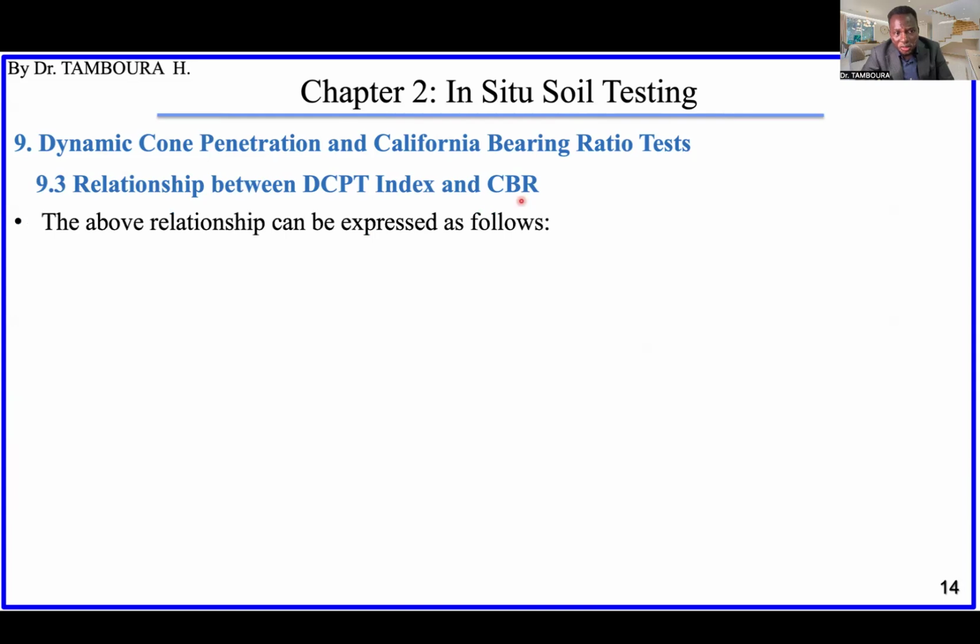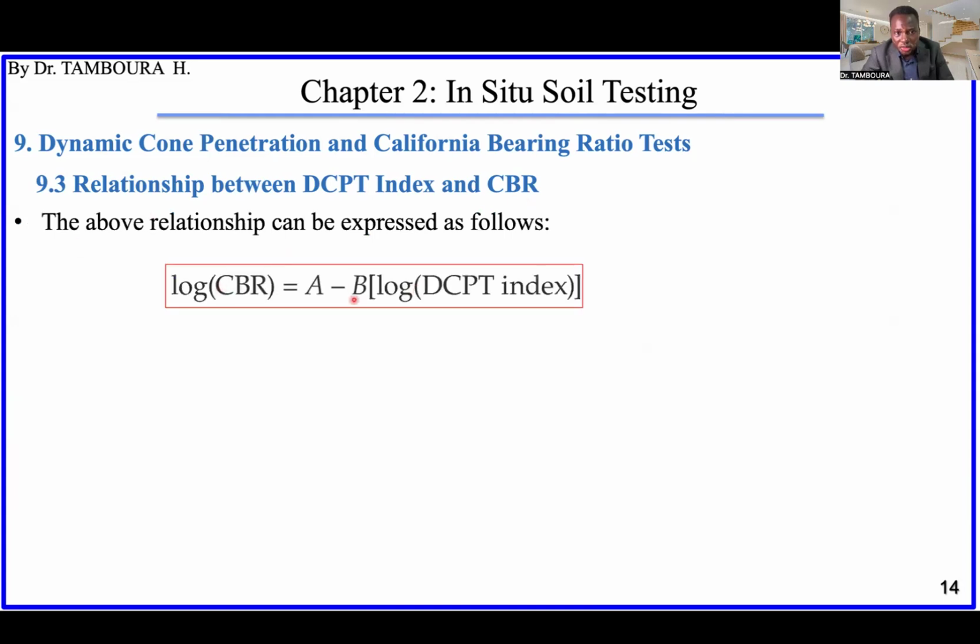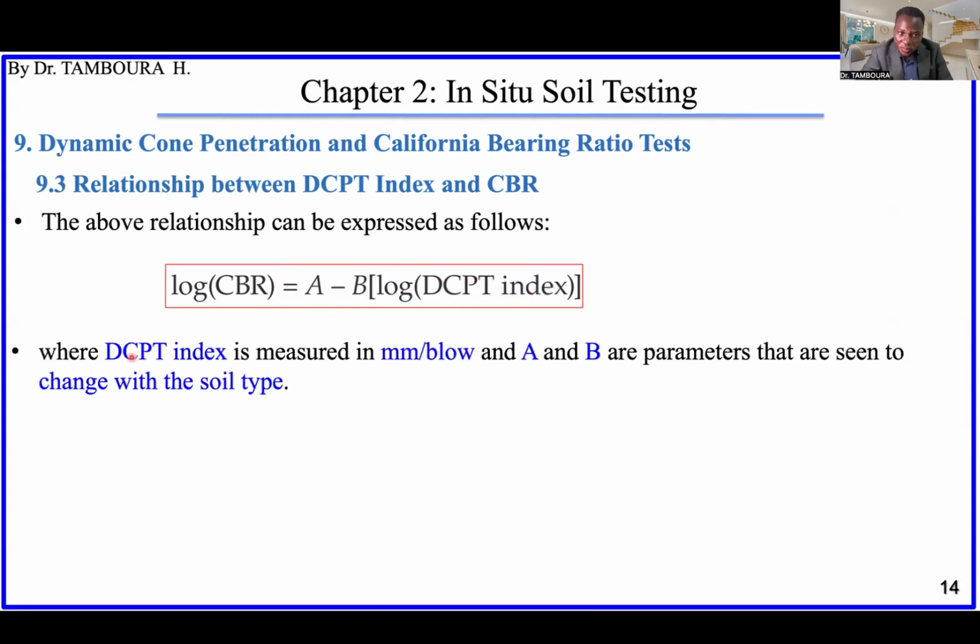This equation is used to link these two. You can see here the log of CBR is equal to A minus B multiplied by the log of this index. This index is measured, as I was saying, in millimeters per blow. And A and B, these are parameters that are related to the type of soil. They change according to the type of soil.